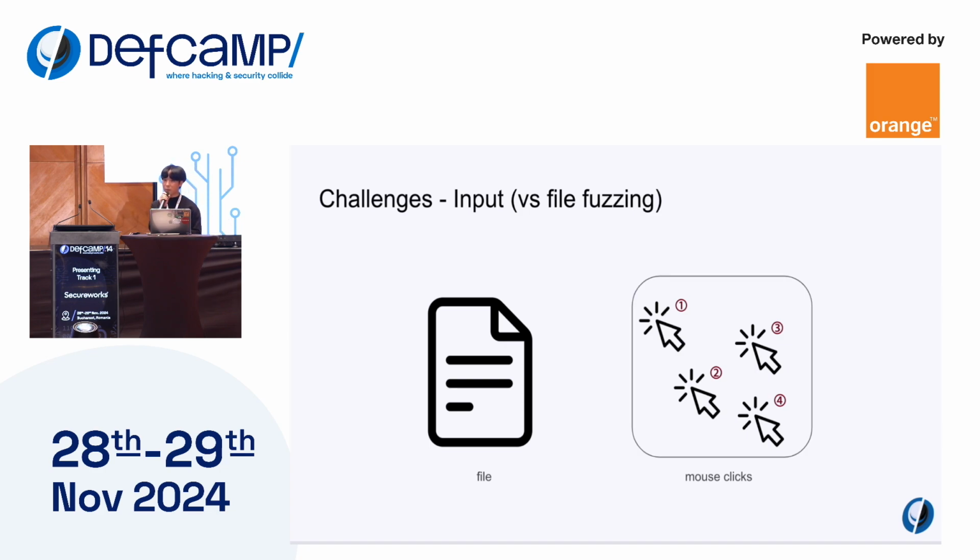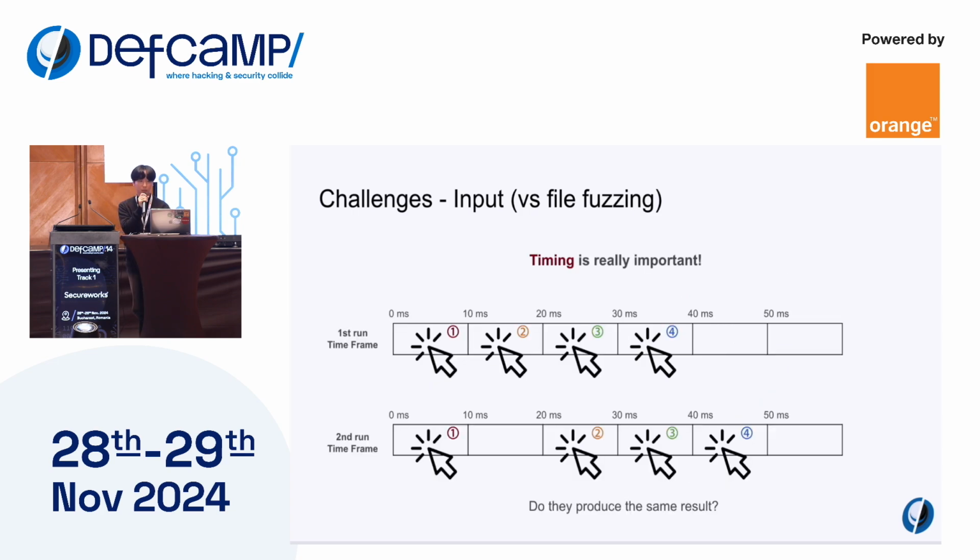The outcome also depends on the sequence of clicks. However, even if the click sequence is the same, processing timing can be different. And it is a major issue in UI fuzzing. So let's dive into the timing issue here. So first, assume the order and the location of the click are the same.